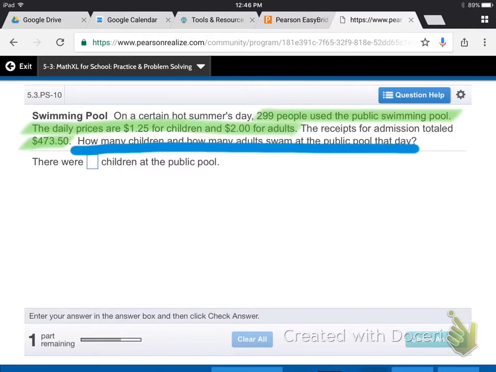Okay, so let's set this up. We're going to have two equations. One equation involves this number, 299. That means that the number of adults plus the number of children totaled 299. We're not sure how many adults there were, we're not sure how many children, but we know that all together, everybody who was there were 299 of them.